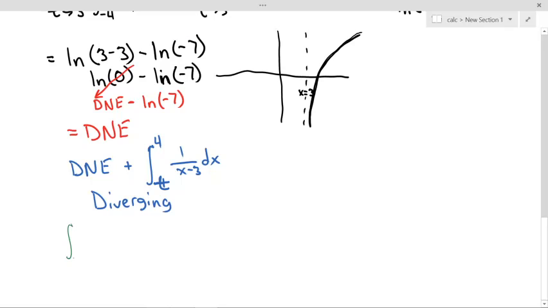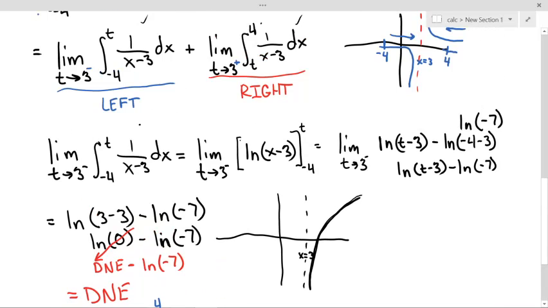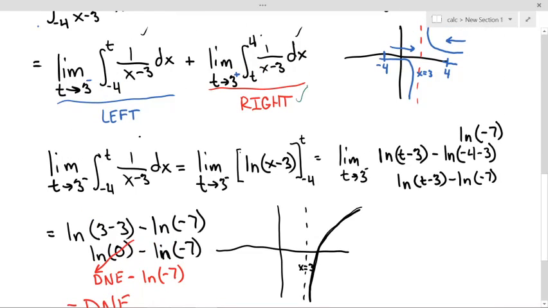If we have this integral and want to write out the answer, we just say it does not exist and it is diverging. And we didn't even need to do the right side over here to determine that.